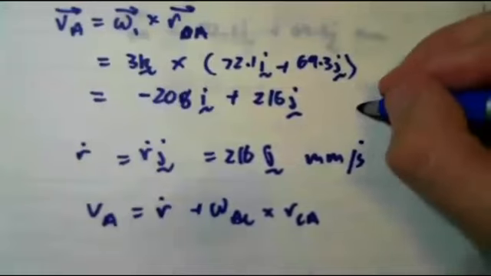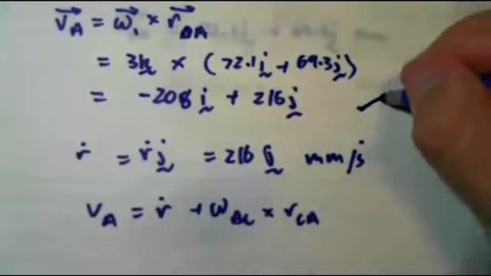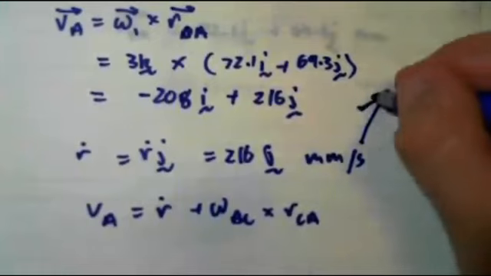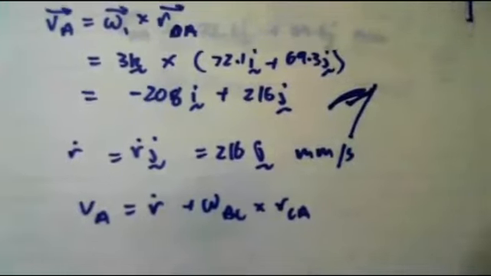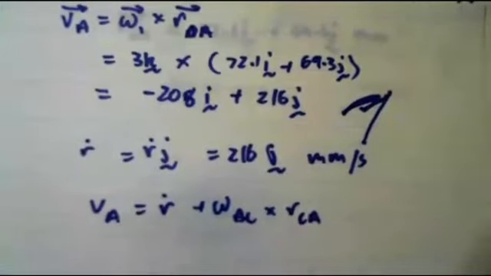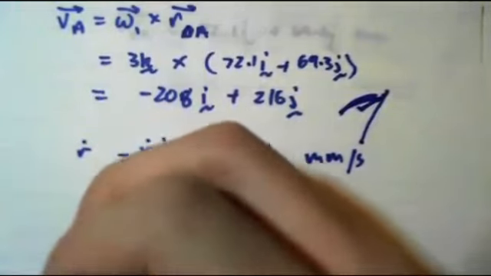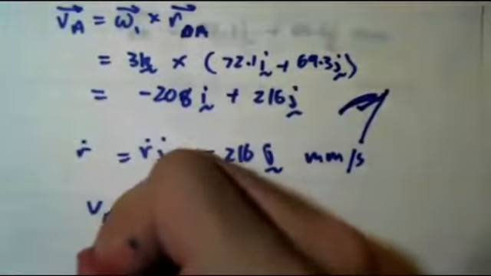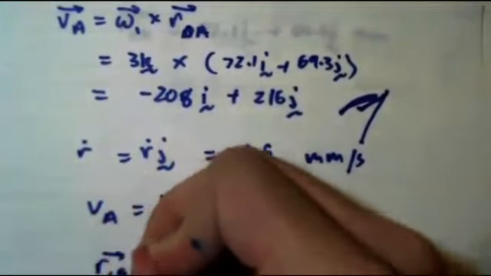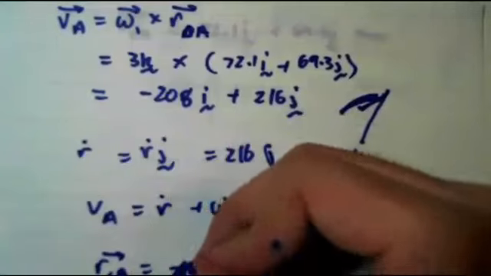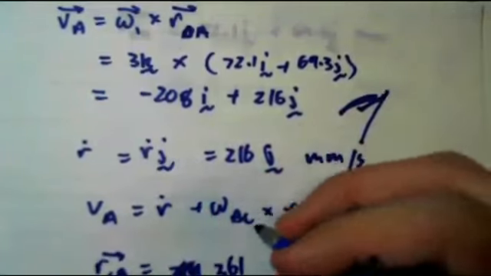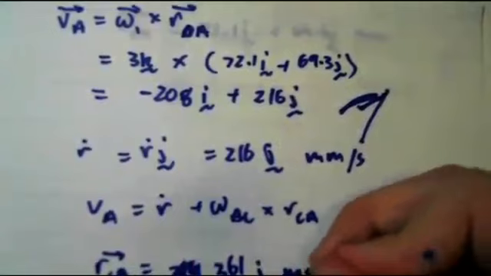If we have this fixed, and this is our arm, and this is our rotating arm that's going like so, we can see that our RCA is a constant value which we've been given in the question statement, which was RCA equals 361 j millimeters.